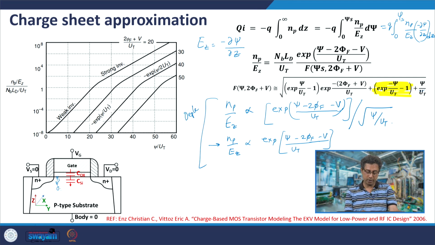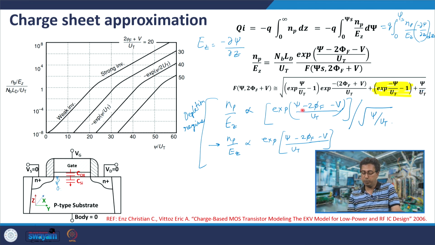So, in the depletion regime, what you find is that NP by Ez, when you plot it along chi by ut, is a normalized value, normalized with respect to this. Here you find that in weak inversion or moderate inversion, when the depletion charge is much larger than the inversion charge, the f function reduces to this, because this term is negligible compared to this.